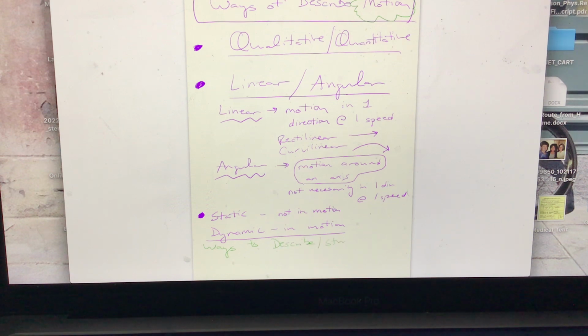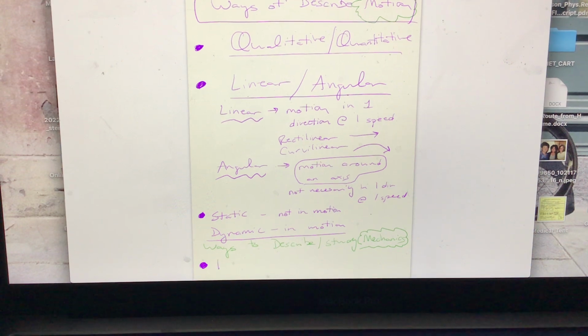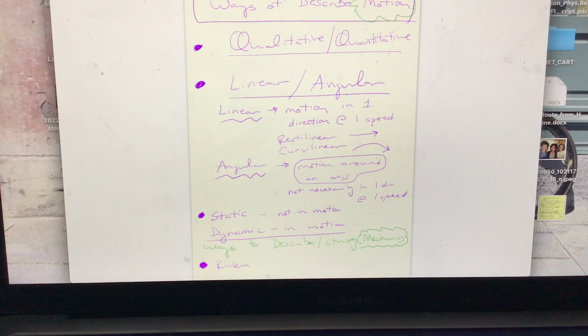I'm not going to ask you this delineation, but it's my job to be specific. So, typically we're going to see these more when we're doing more of a mechanical analysis. Not always, but okay. But here are the last terms that I want to introduce here in this video. Kinematics and kinetics.